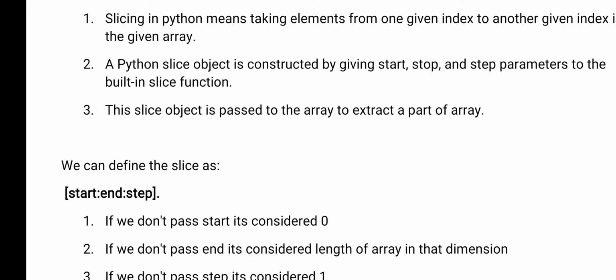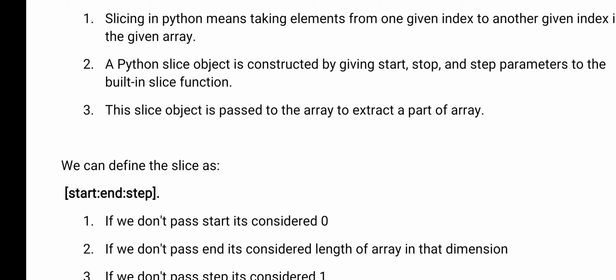Start means from where you want to extract the elements. Stop means where you want to stop the extraction. In the previous example, 0 is the start and 2 is the stop. A step value means whether you want to take out elements sequentially or alternate elements, that is, how much you want to increment the index.